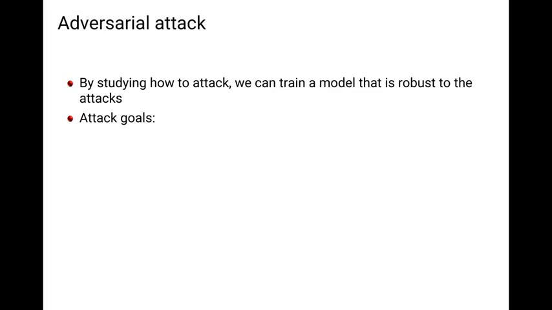So if you agree with me that the gradient direction gives us a higher chance of misclassification, then the next question is, maybe we should study how to create adversarial examples, because by creating them, we are able to better train our model to be robust to this kind of attack.